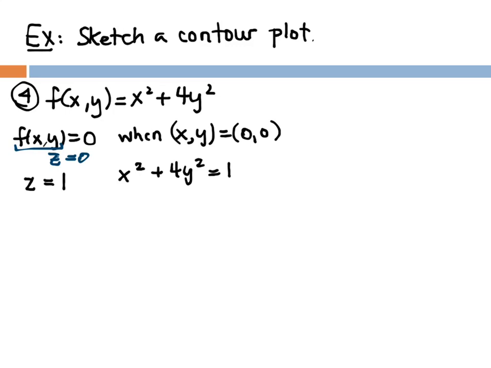There's a trick. You usually see it done in a trig class. But what we could do instead, we are going to, of course, write that x squared over 1. But instead of multiplying by 4, I'm going to divide by 1/4. That'd work, right? Yeah.